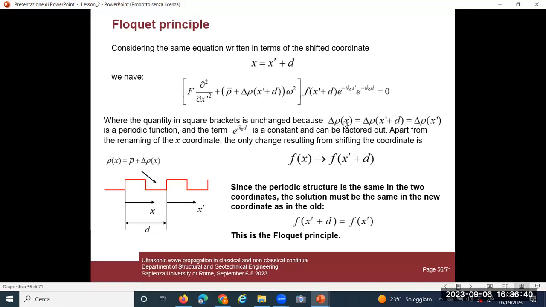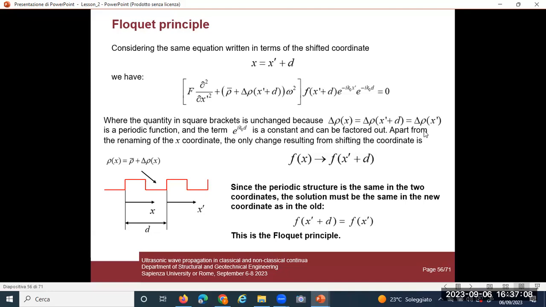Moreover, since the distribution of density is periodic, you can see that this delta rho of x prime plus d, which is delta rho of x, is nothing but delta rho of x prime, thanks to the periodicity.